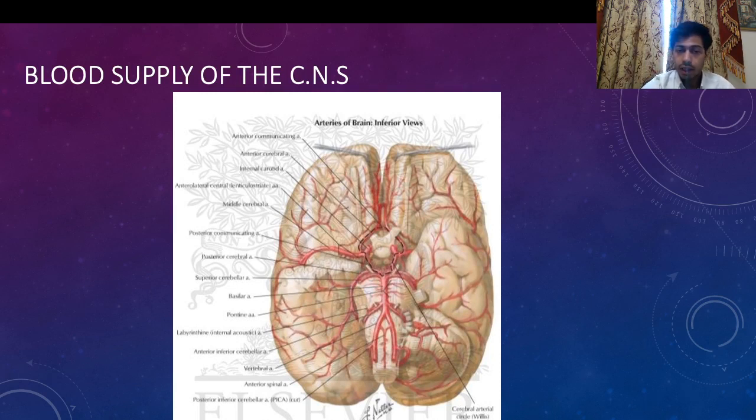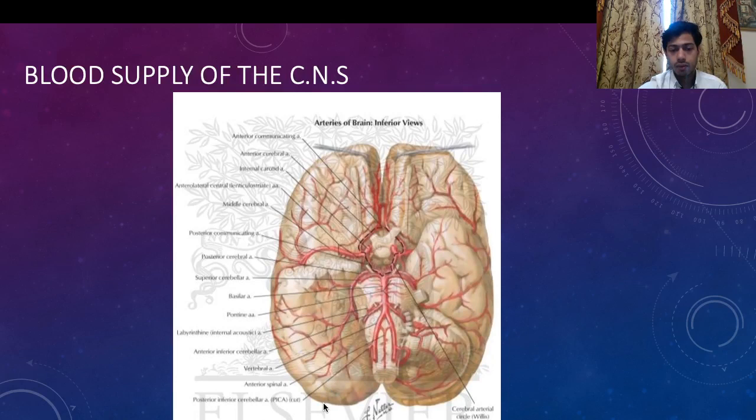And then we know that the internal carotid will then branch off into smaller branches, and these smaller arteries will then be providing the vascular supply of the various parts of the brain.